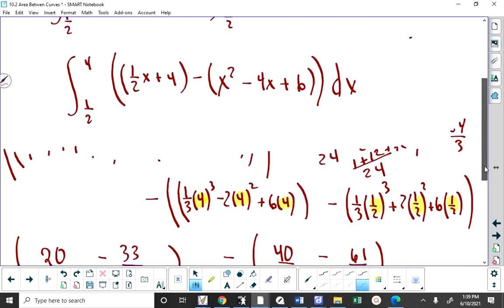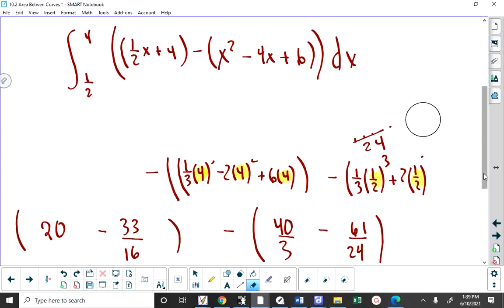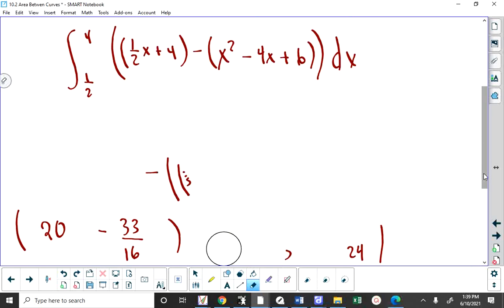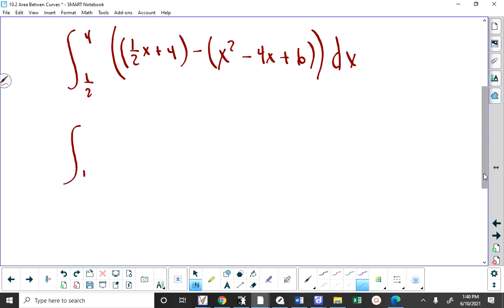So if I do that, let's just see what happens. Then we'll do the next example, which is a little bit more complicated, but maybe not as much work as this one because we're not going to do the two integrals separately. This would be the integral from 1/2 to 4 of, okay, wait a minute.